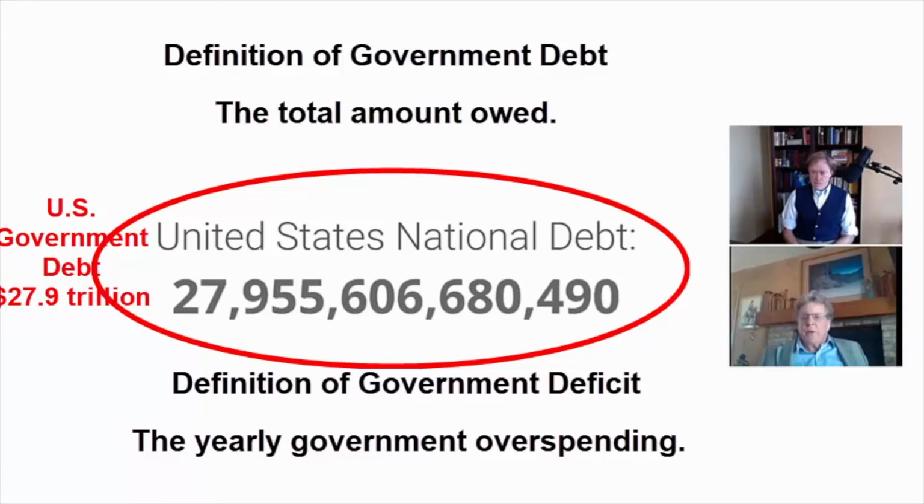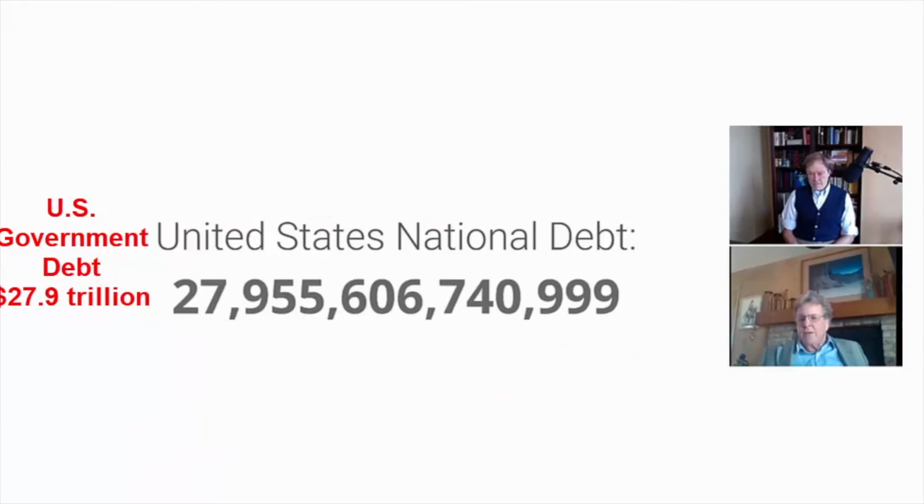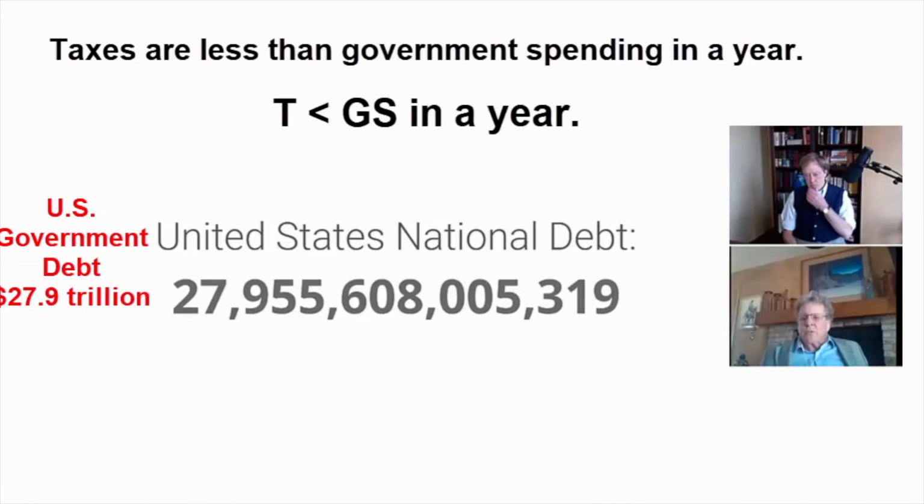The government brings in money by taxing, borrowing, or selling assets. The government accumulates money by taxation and all the different taxes that they have. A deficit occurs when the tax revenue collected is less than the government spending in a year.